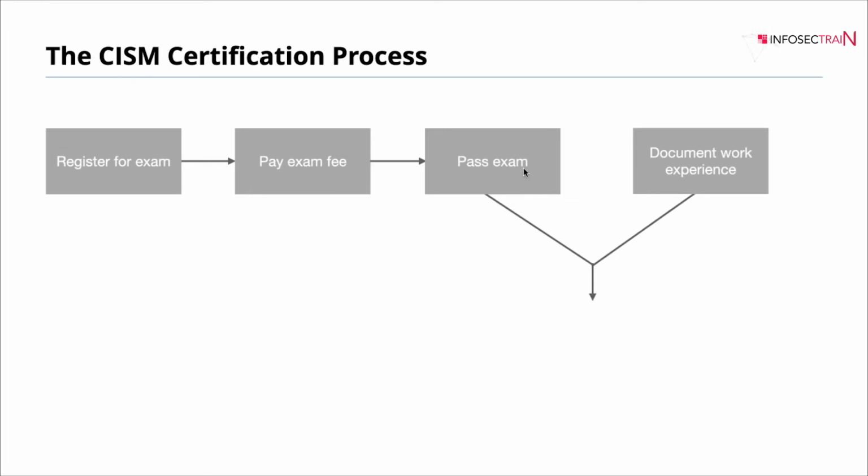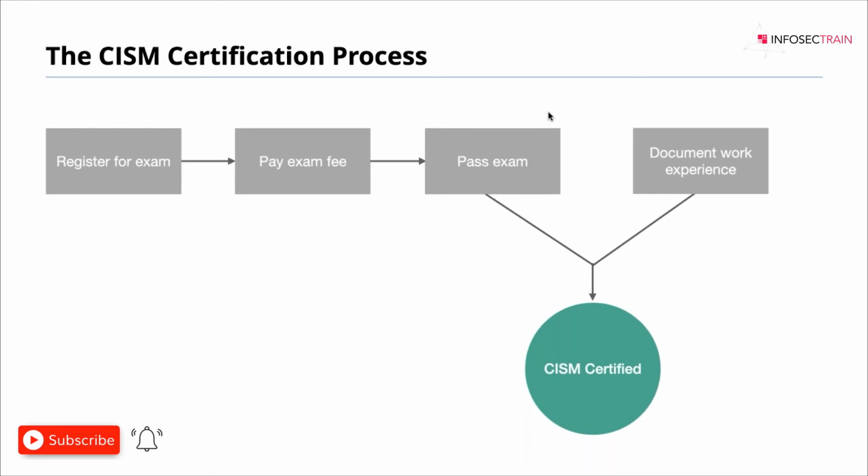I think you need to pay about $50 along with that application fee as well. Once you apply for the certification, that is when you are provided with a CISM certificate. So just passing the exam doesn't guarantee that you get the certification.